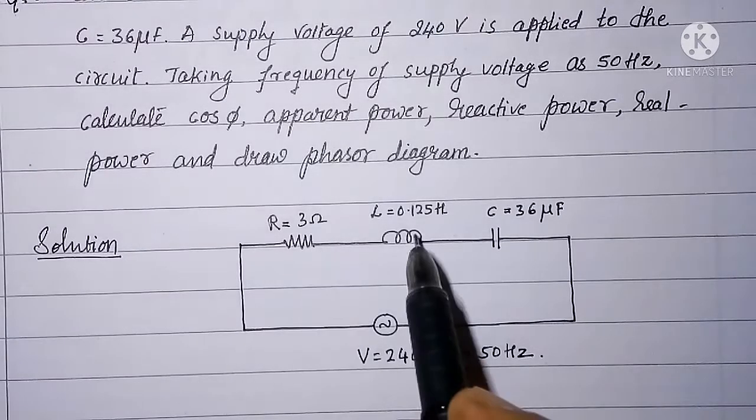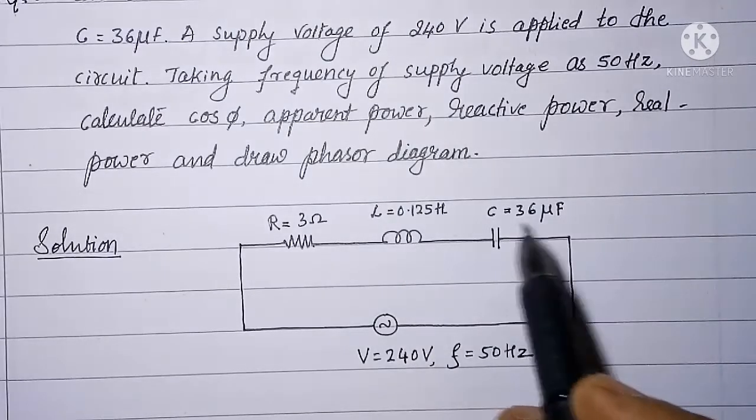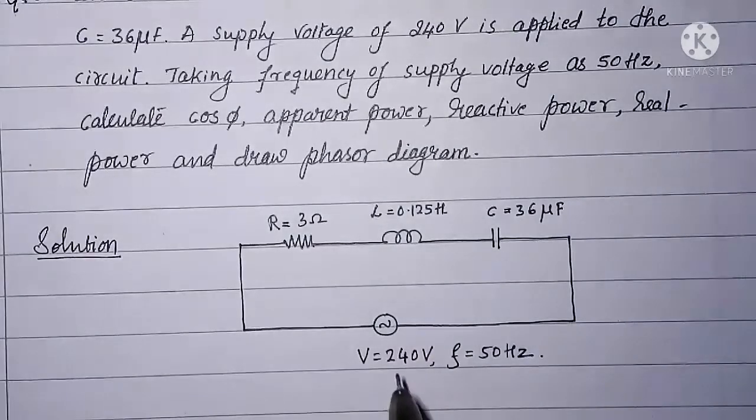R is 3 ohm, L is 0.125 Henry and C is 36 microfarad. Supply voltage is 240 volt. Frequency is 50 Hz.